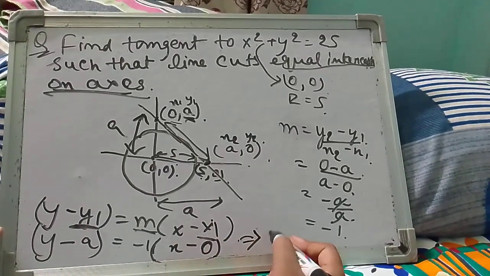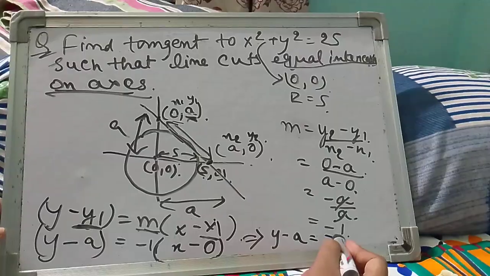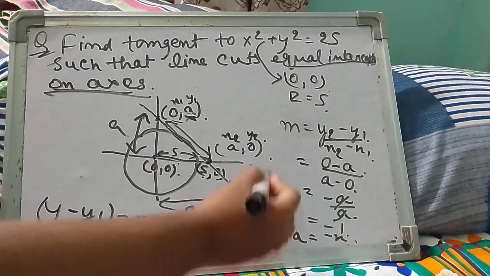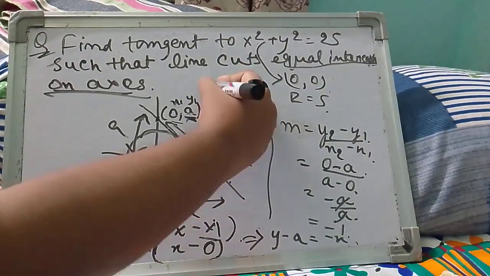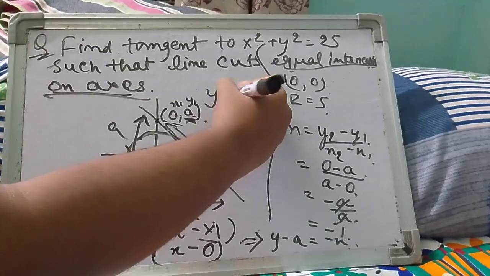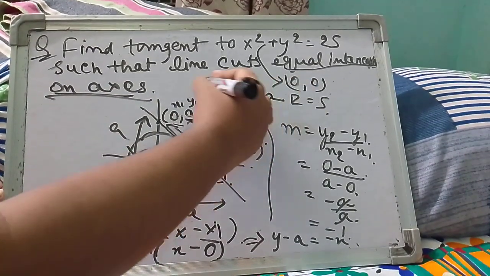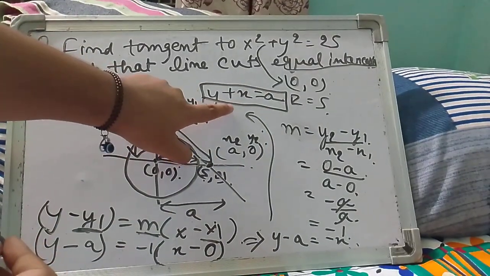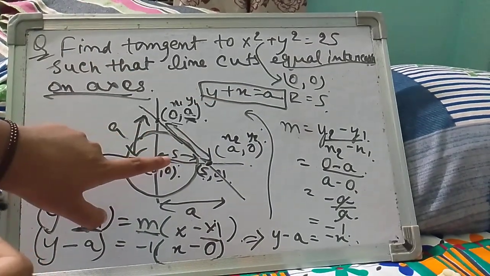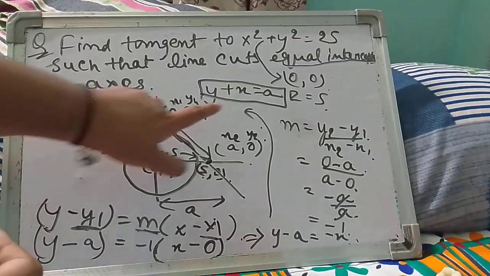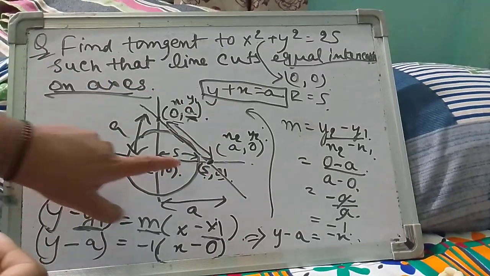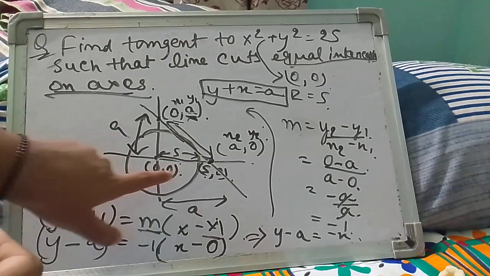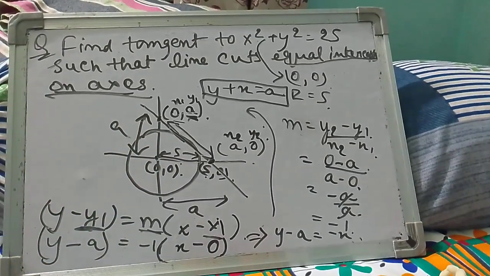So it becomes y minus a equals to minus x. So it will become y plus x equals to a. This is our equation of the tangent, which is cutting equal intercepts in both the axes.